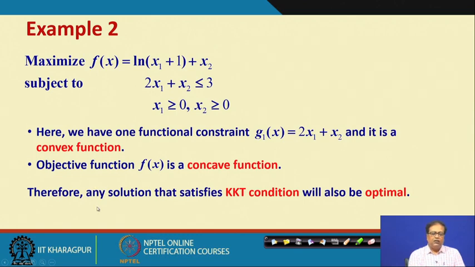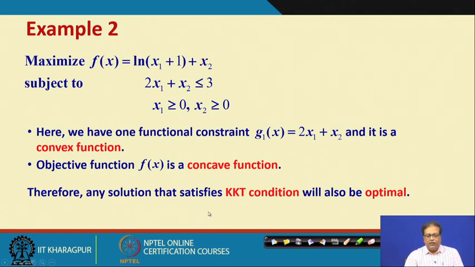The necessary conditions require that f(x) should be concave for a maximization problem, right. This is a concave function, we are not proving it, but we know that yes it is. So, therefore, the sufficient condition is taken care of, the concave objective function and convex functional constraint.